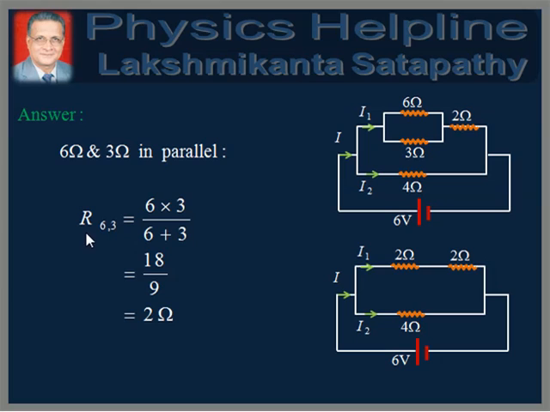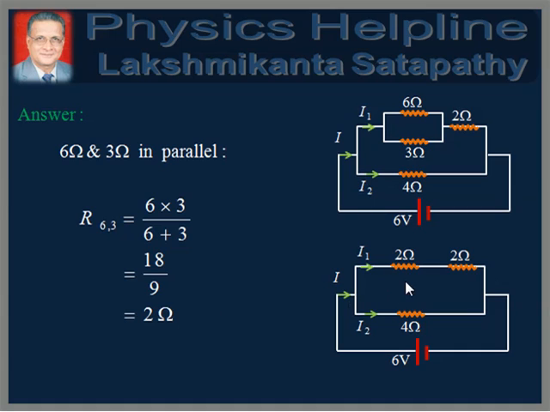We denote it as R63, which is equal to 6 into 3 divided by 6 plus 3, which is equal to 18 divided by 9, or R63 is equal to 2 ohms.